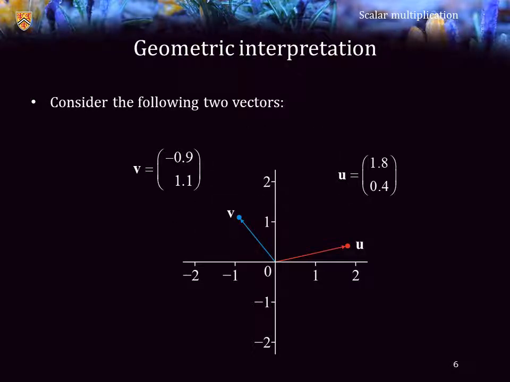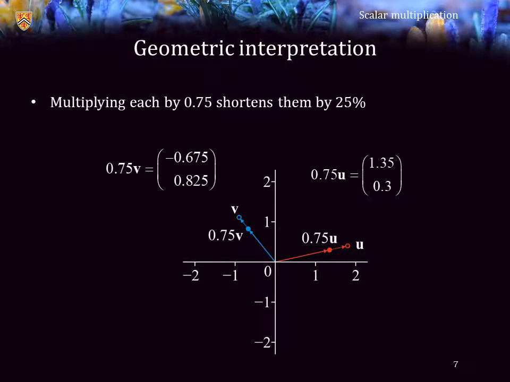So, consider the two vectors here, u and v. If I was to multiply each of these vectors by 0.75, that would essentially shorten those vectors by 25%. So here you can see the original vectors u and v and their scalar multiples by 0.75.